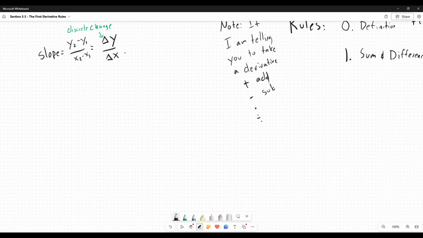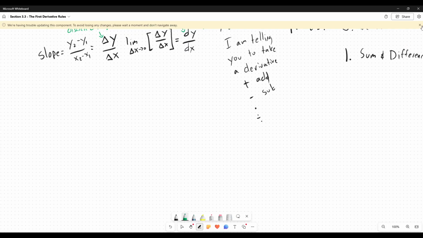If we take the limit as delta x goes to 0 of delta y over delta x, so this stops being a discrete change, an average change, and starts being an instantaneous rate of change, we change those deltas to lowercase d's, which still implies change, but now it implies a continuous change. Okay?